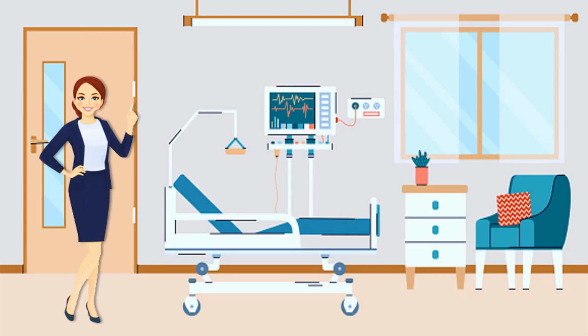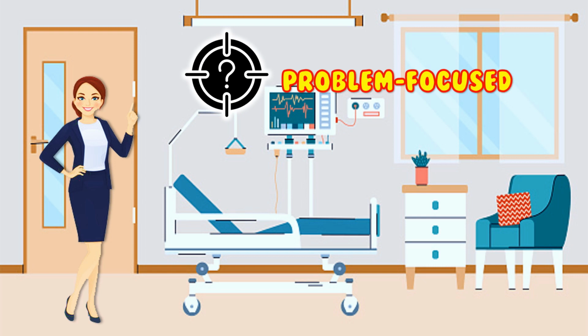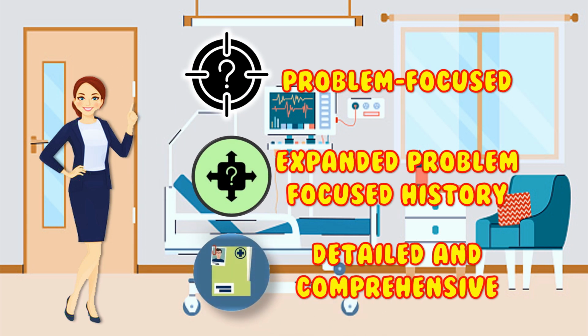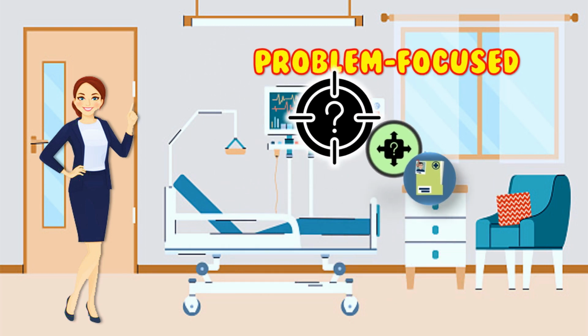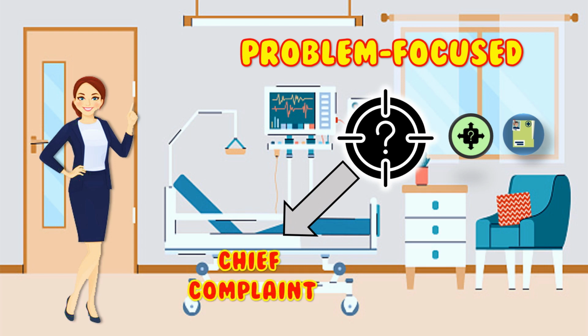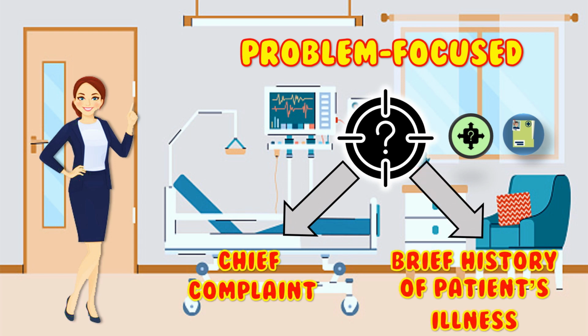These medical history categories include problem-focused, expanded problem-focused, detailed, and comprehensive. The problem-focused history captures 2 elements: a chief complaint and a brief history of the present illness or condition.